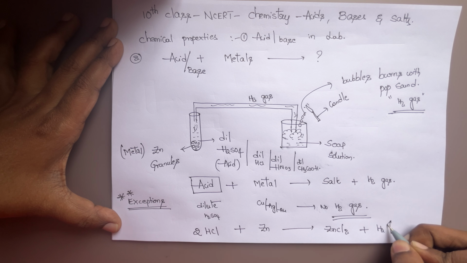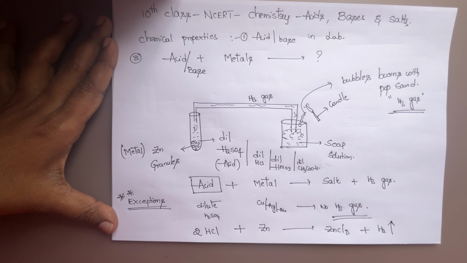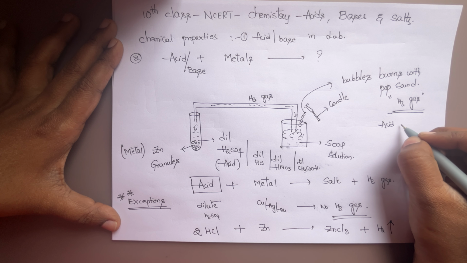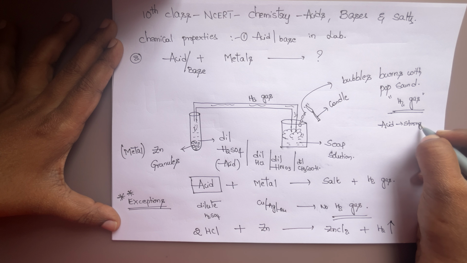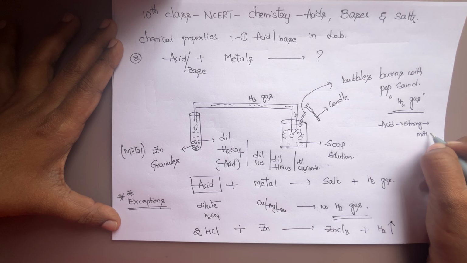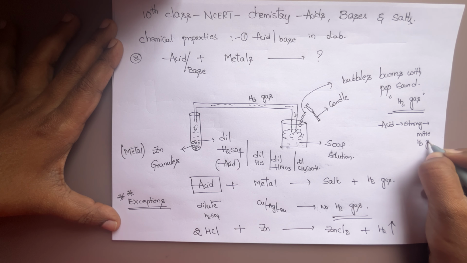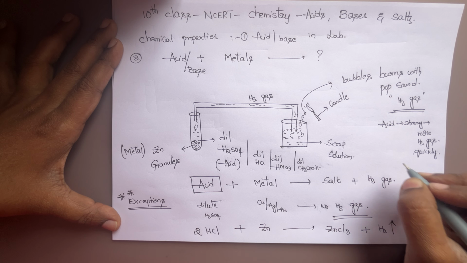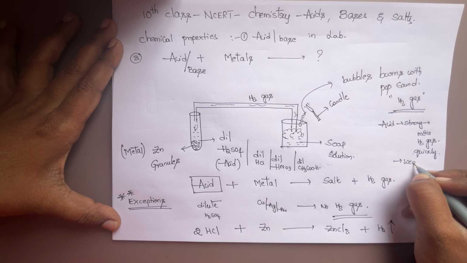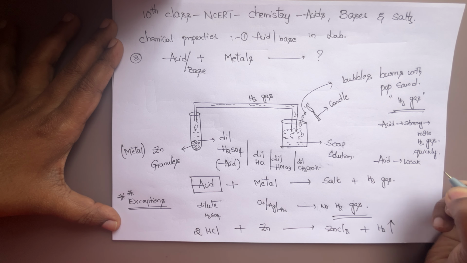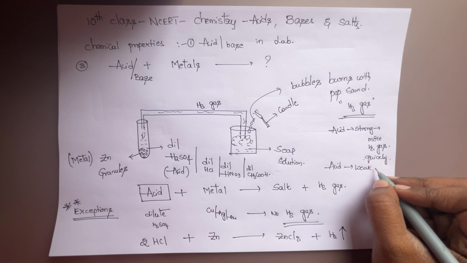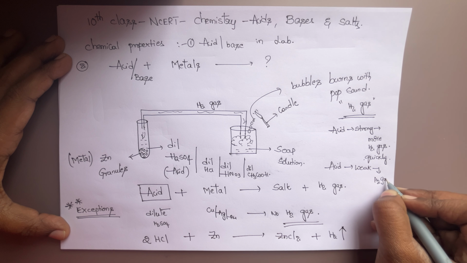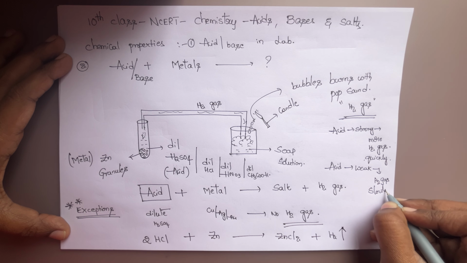Likewise, H2 gas is produced in chemical reactions. Here one more point we have to observe. If the acid is strong, more H2 gas is produced quickly. If the acid is weak, H2 gas is produced slowly.